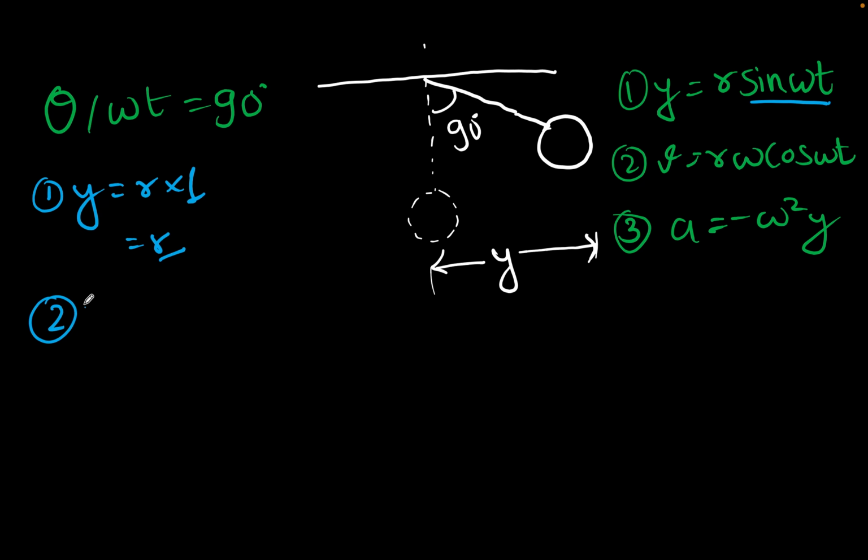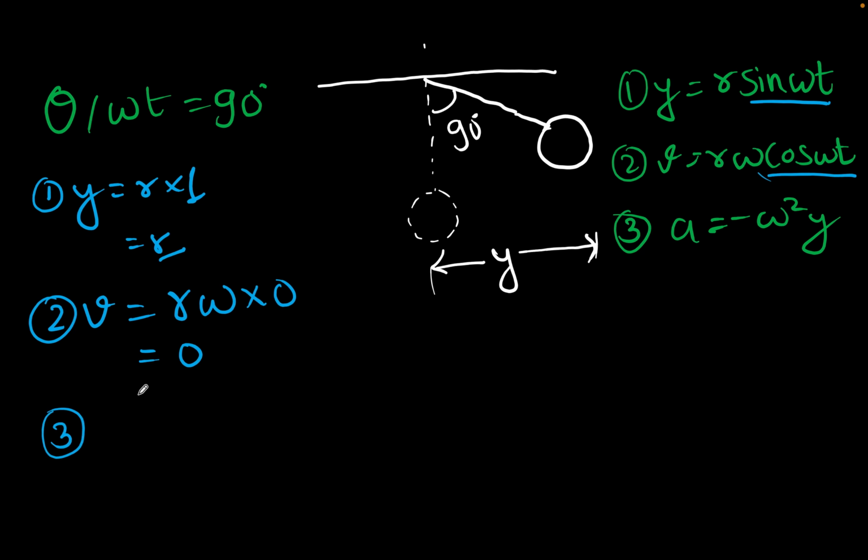Likewise, velocity is r omega cos omega t, and cos omega t is going to be cos 90 degrees. Oh sorry, cos 90 degrees is 0, so velocity is r omega times 0, that is 0.